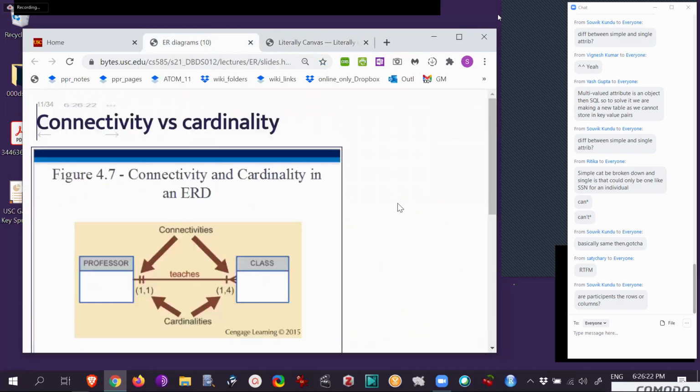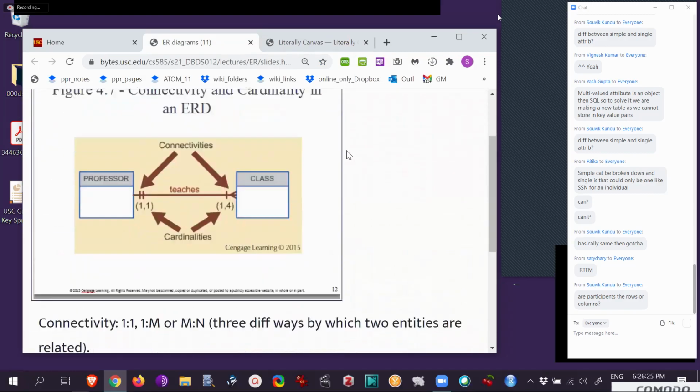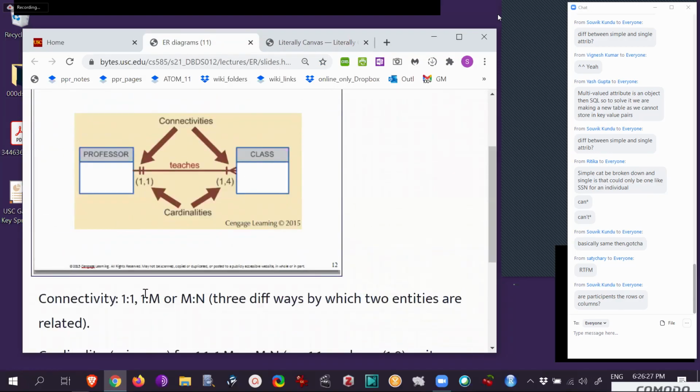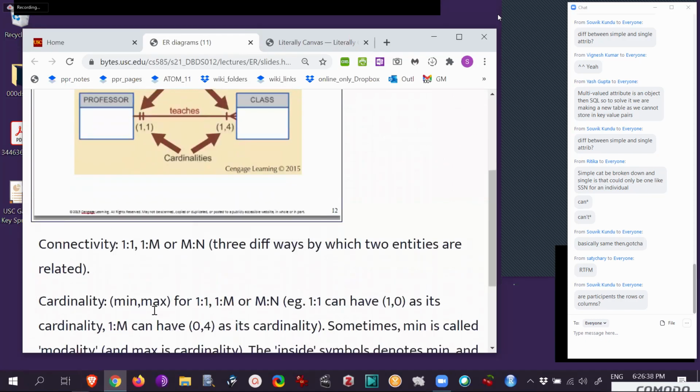What is a good example? A good example is this, professor class. First of all, connectivity is very easy, okay? So there's 1, 1, 1, 4. What this means is, first of all, I'll just read this part and come back to it. Cardinality min max for all these 3 variations. Cardinality means, let's take 1, 1 as an example.